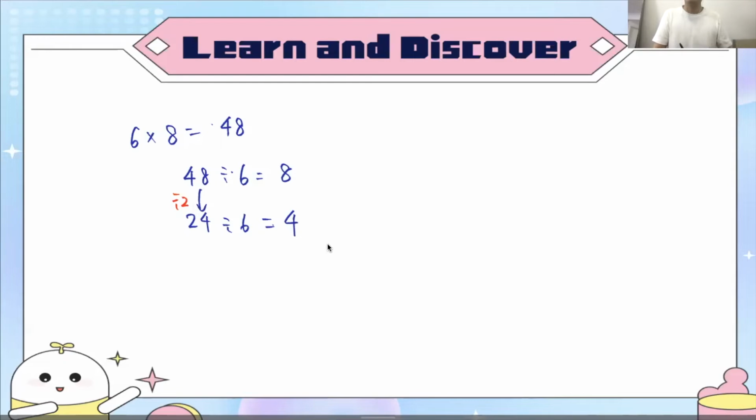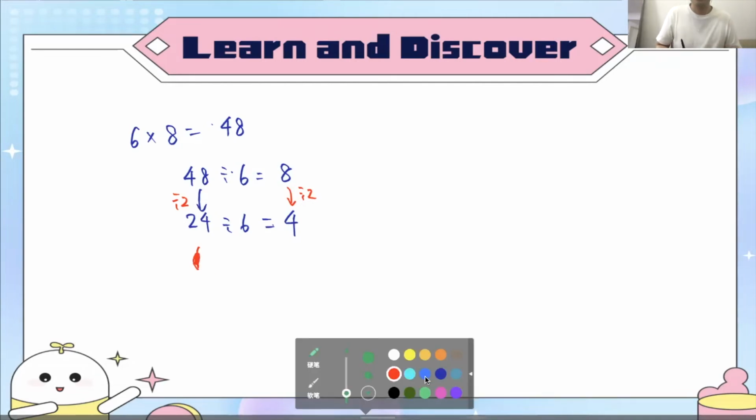Okay, when we divide by 2 on the dividend, what do we do on the result? We do the same operation. We do the same change, divide by 2. Right, okay. And if I just change another one, that is, okay, I will clear this part.